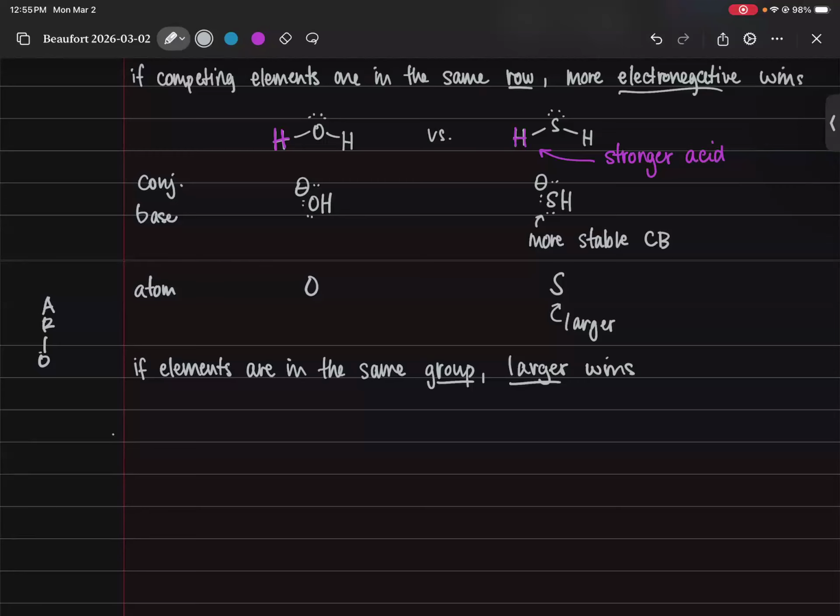Okay, so step 2 is to look for resonance. So which conjugate base is more stabilized by resonance? Speaking of resonance, make sure you turn in your homework.